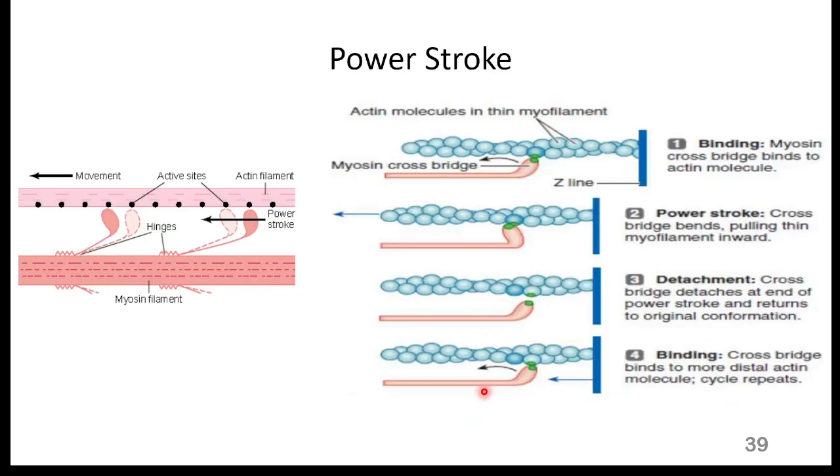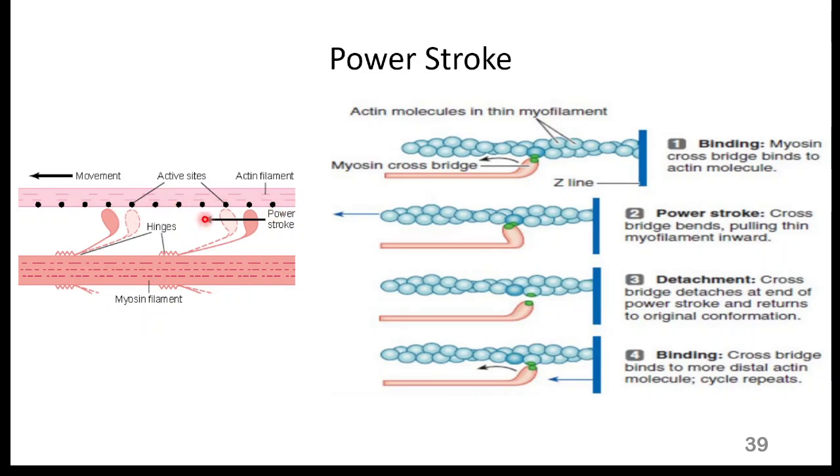Okay, so during contraction, what happens is that the heads on the myosin filaments attach to actin filaments. Then the power stroke causes the heads to drag the actin filament in this direction.